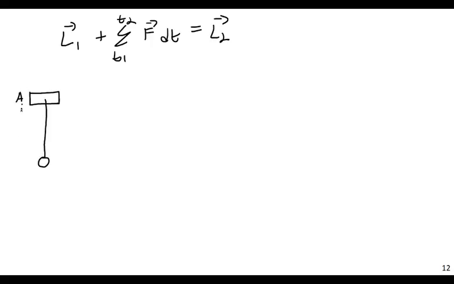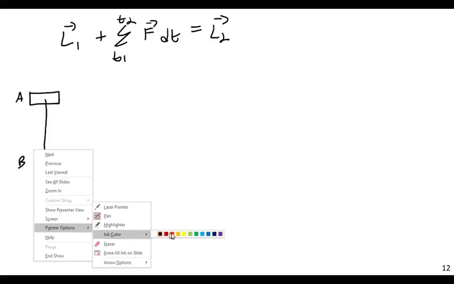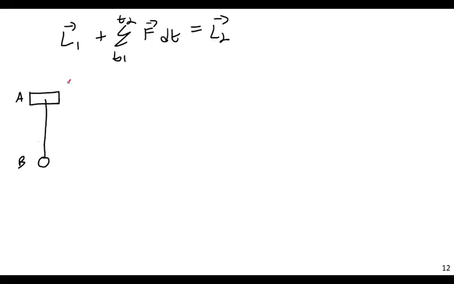So A and B here have velocity, something like that, except it's going to be equal to 0. So here, VA at 1 is equal to 0, and here VB at 1 is equal to the V naught that we saw earlier.